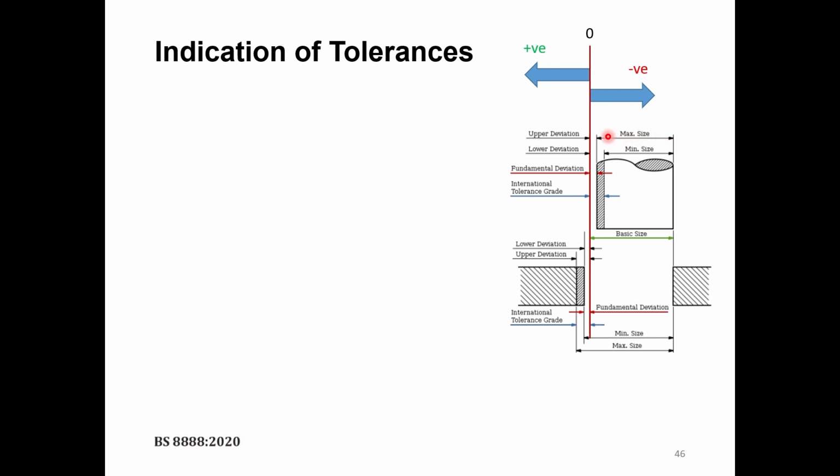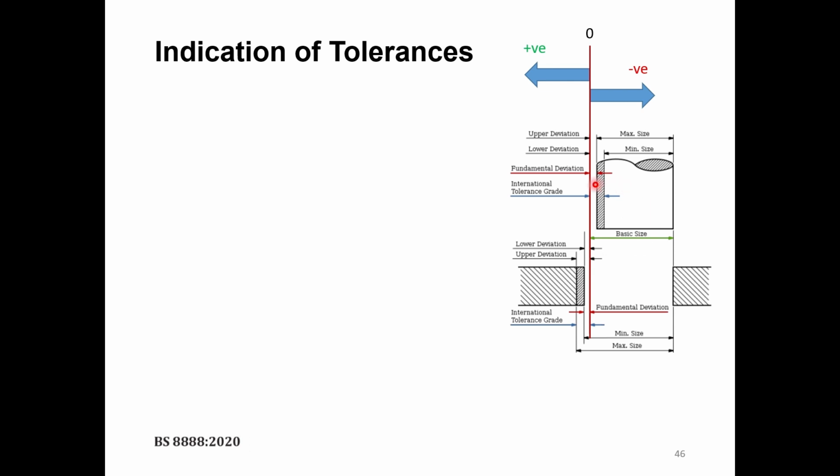And also, if the maximum diameter of the shaft is on the left-hand side of this, it means that the maximum diameter is also less than the basic size. So both the minimum and the maximum acceptable diameters are less than the basic size.